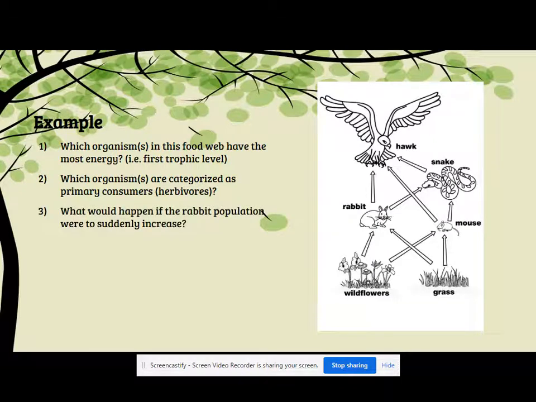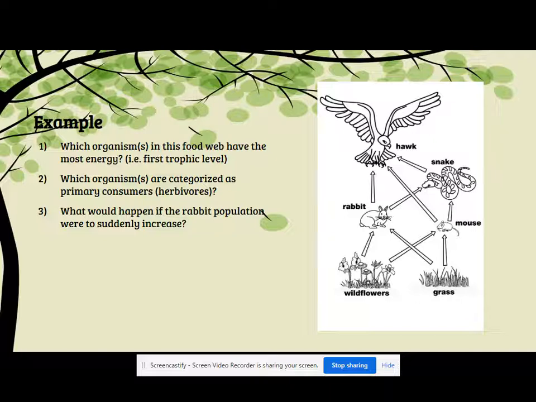What would happen if the rabbit population were suddenly to decrease? If the rabbits went away, obviously the things that ate them, especially the hawk and the snake, would go down. But also, without the rabbit around, there would be more food for the mouse.